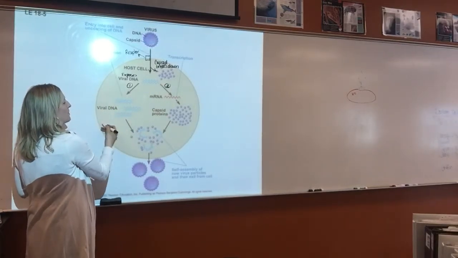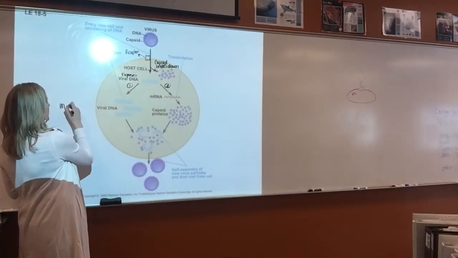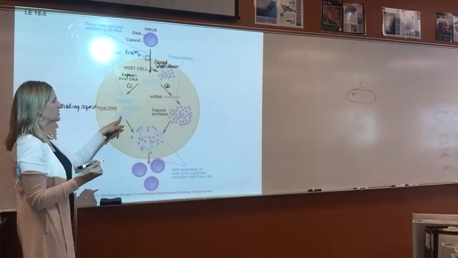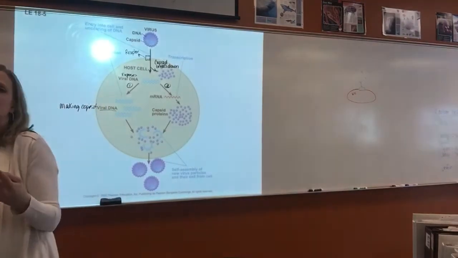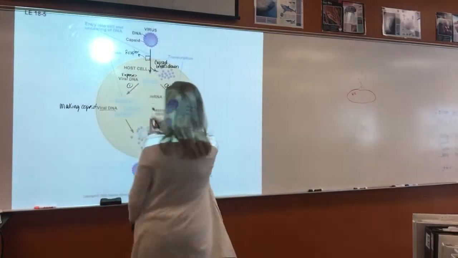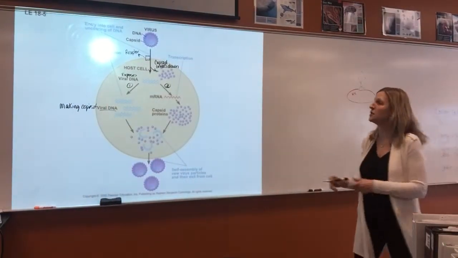You're making many copies of the viral DNA. So that's what they're showing you here, using DNA polymerase and DNA ligase and all of the enzymes that we use to replicate our DNA. Now we're just replicating the virus's DNA, which is what the virus wants us to do.